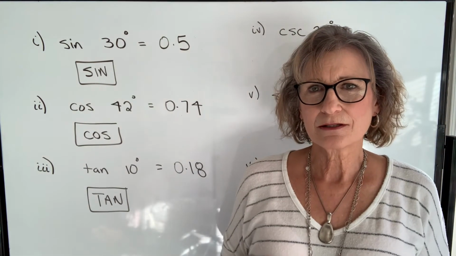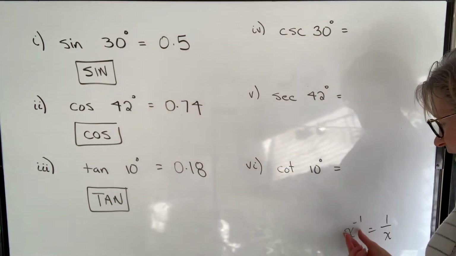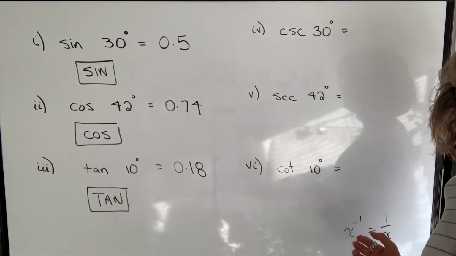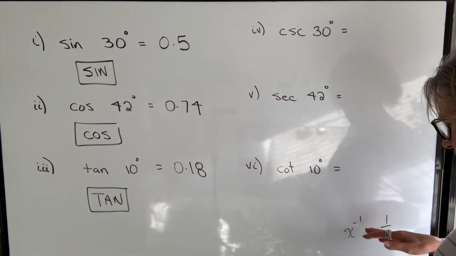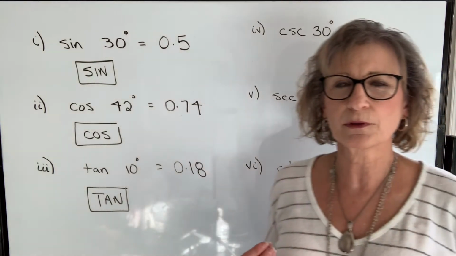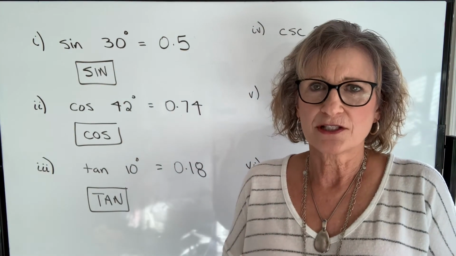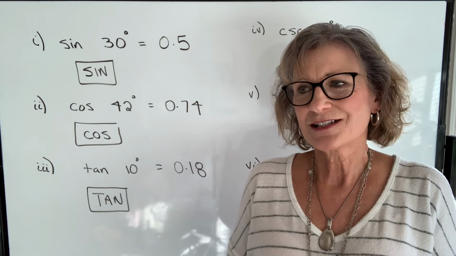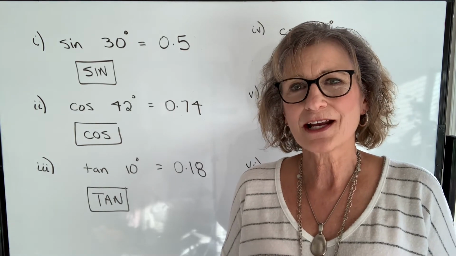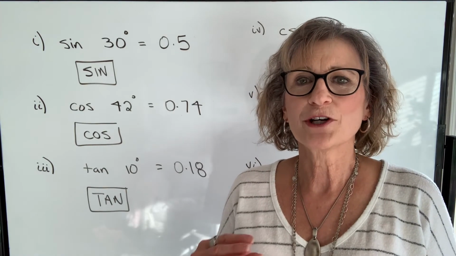Mathematicians decided to use negative exponents to indicate reciprocals. So when you're working with algebraic functions, they do represent reciprocals. But when you're dealing with functions, mathematicians also decided to use a negative 1 exponent as the notation for an inverse of a function.